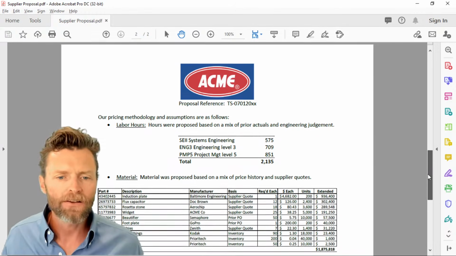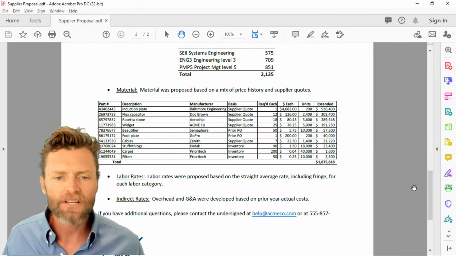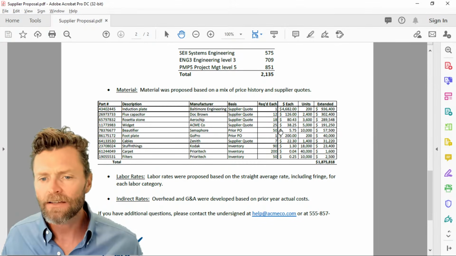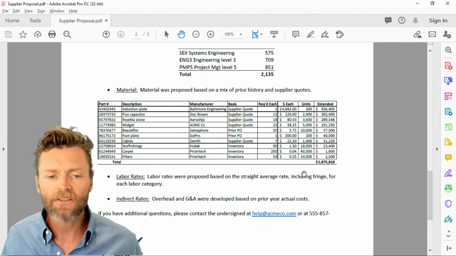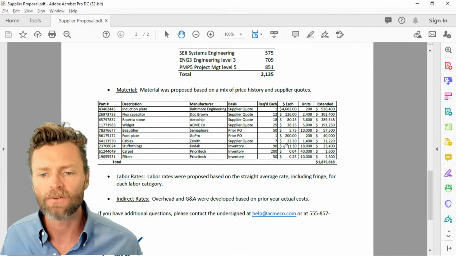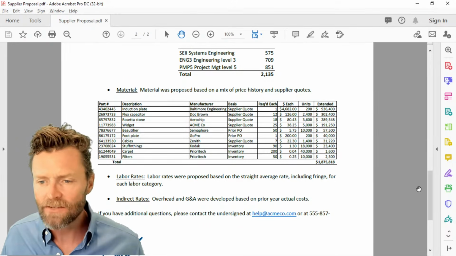All right, so I'm continuing forward. I've got some material. Okay, so they've broken out the material by line item, number required, pricing. These are costs. Okay, this is great, and it talks about the fact that this is based on price history and supplier quotes. Again, there's my 1,875,818.